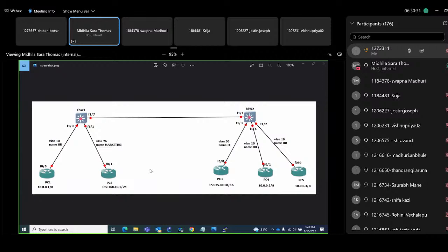What are the VLAN IDs for those 3 VLANs? 10, 26, 30. Each VLAN belongs to a single network. VLAN 10 belongs to one network, VLAN 26 belongs to another network, VLAN 30 belongs to another network.